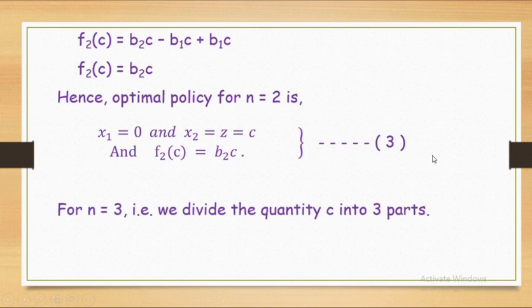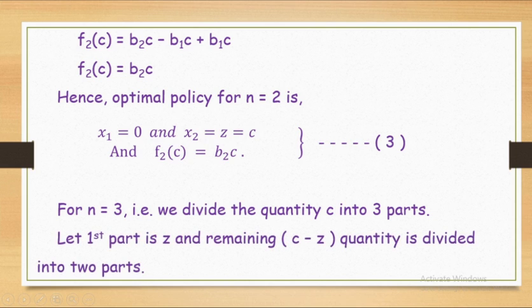For n equals 3, that is, we divide the quantity c into 3 parts. Let the first part be z, and the remaining quantity c minus z is divided into 2 parts.